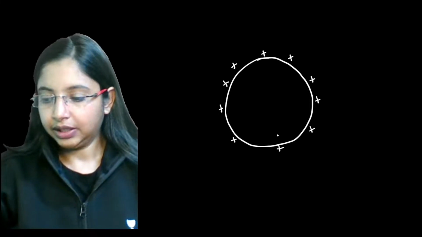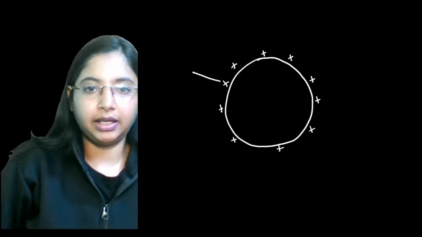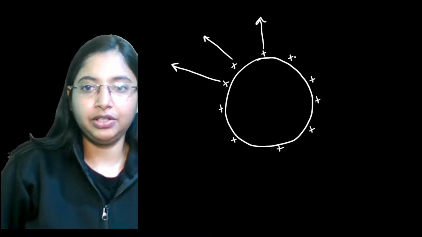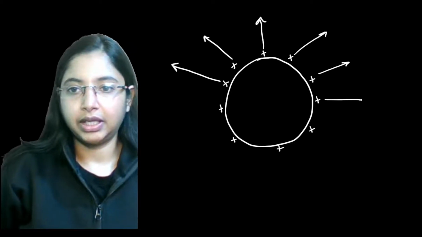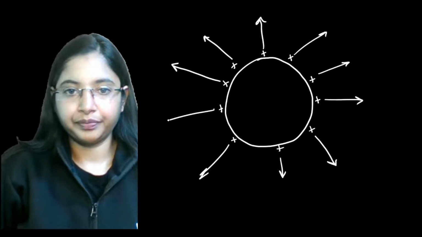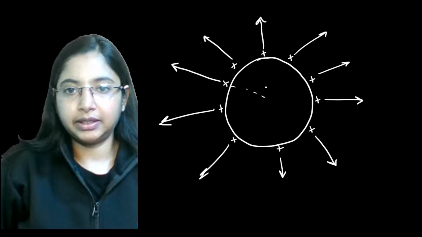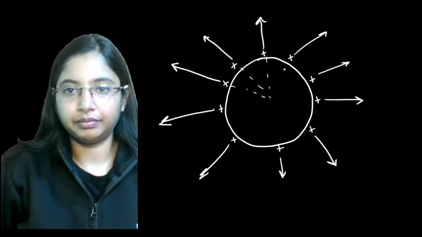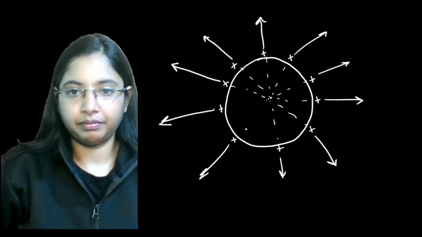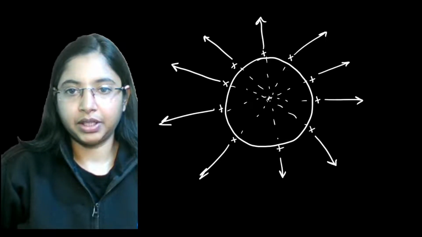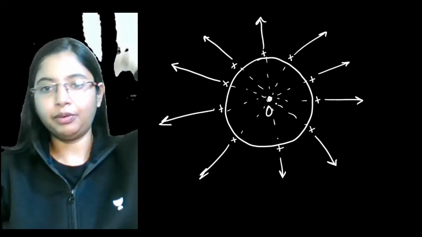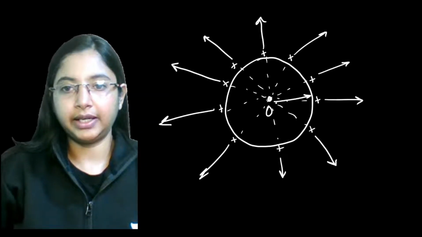Field lines for a positive charge point radially outwards, so the field lines in all these cases will be pointed radially outwards. If you extend this line, this being the origin.